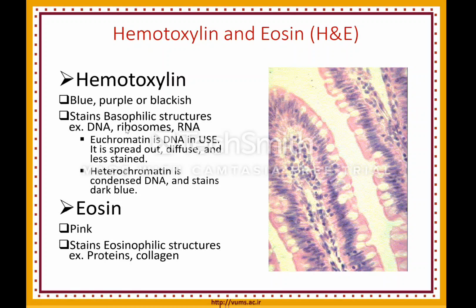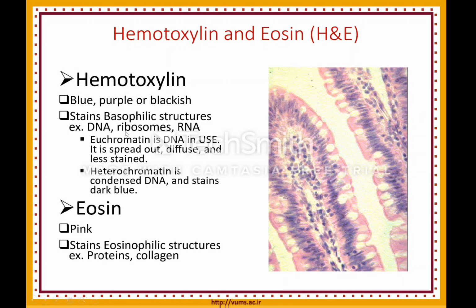And finally, euchromatin DNA is spread out, diffuse, and less stained, but heterochromatin is condensed DNA that stains dark, which I explained about this type of chromatin in the cell session.